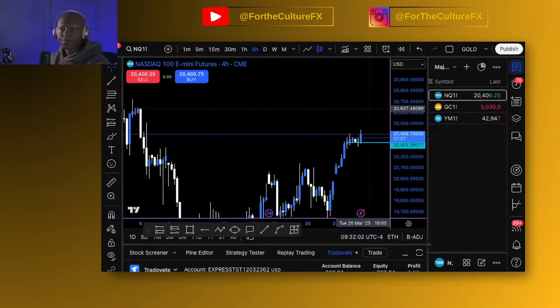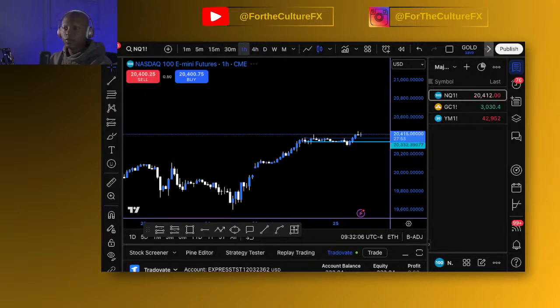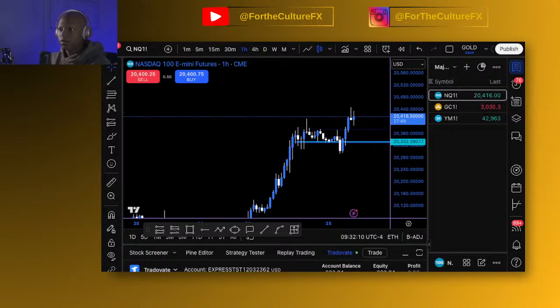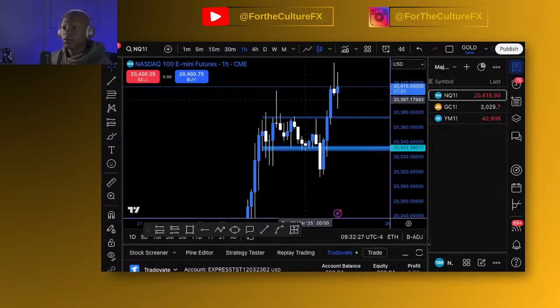So we're looking at NQ here, or NAS 100, whatever you want to call it. I traded both on the Forex side and on the future side. Give me 1 second. All right, there we go. So I traded on the Forex side and the future side.